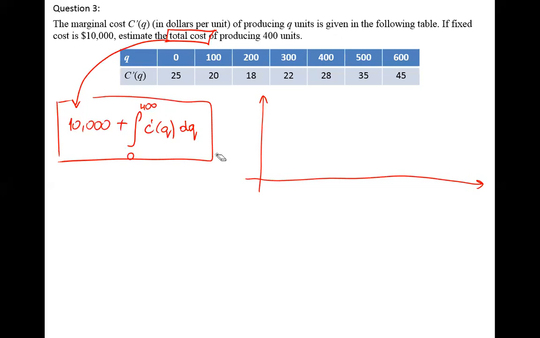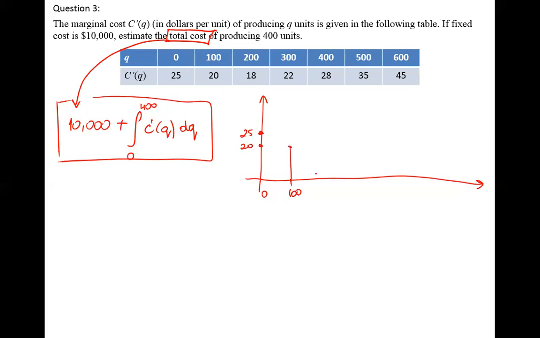Okay, that's what we have. We have the quantity. For quantity 0, the marginal cost is 25. Let me put 25 here. For 100, we have actually 20.